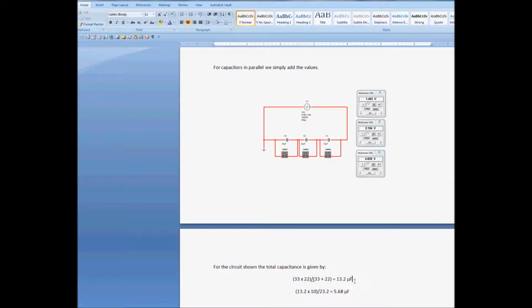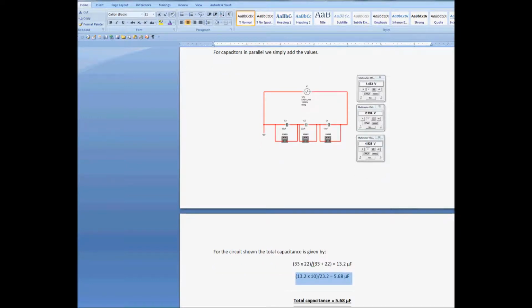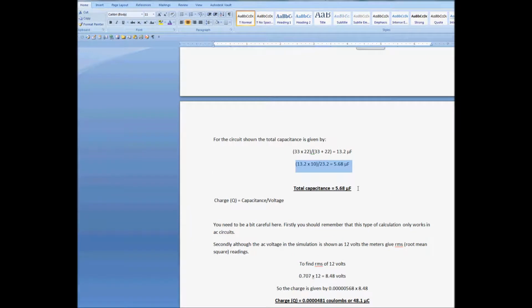And the result of that, 13.2 microfarads, is applied with the 10 microfarad capacitor, and we come out with an answer of 5.6 microfarads. Because it's an answer, you bold and underline it.